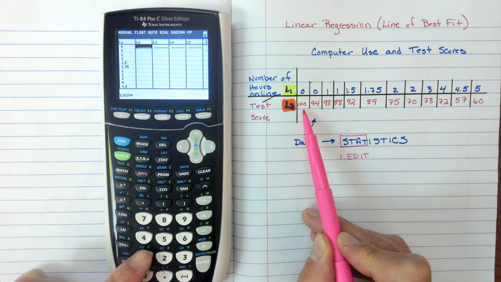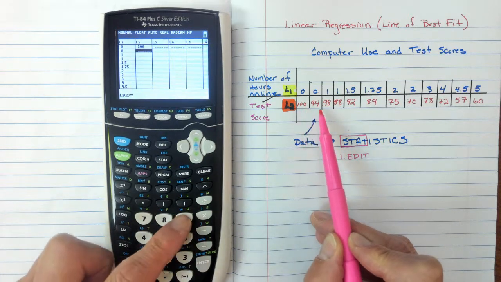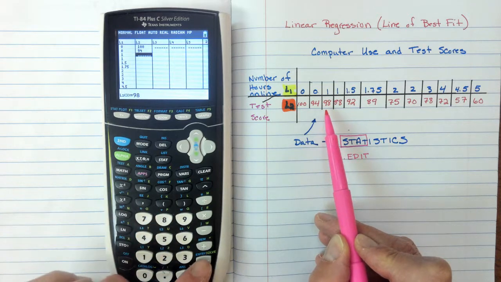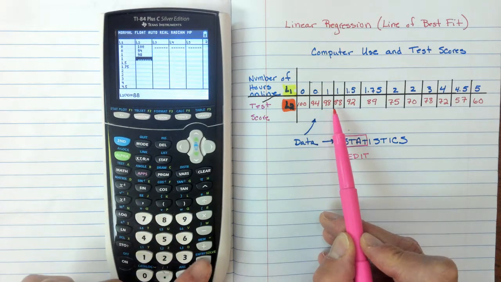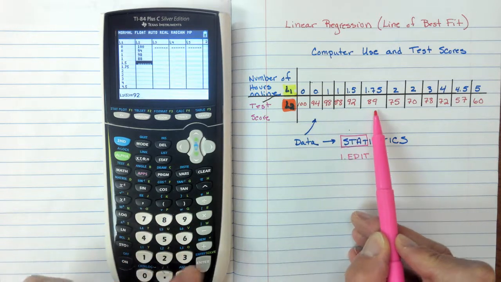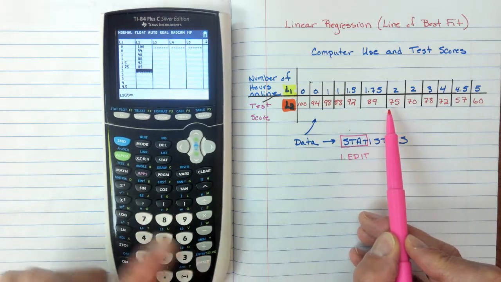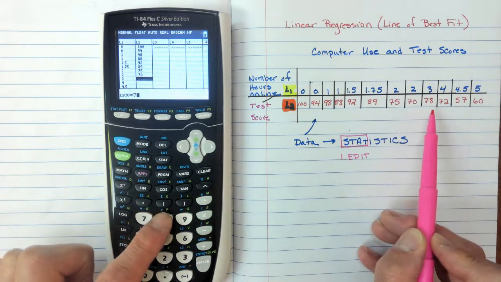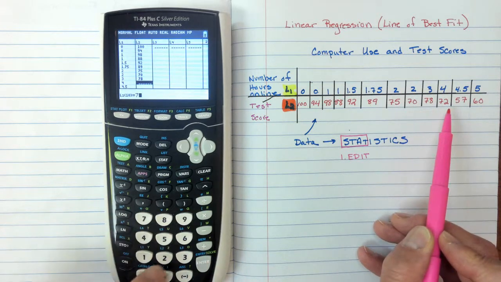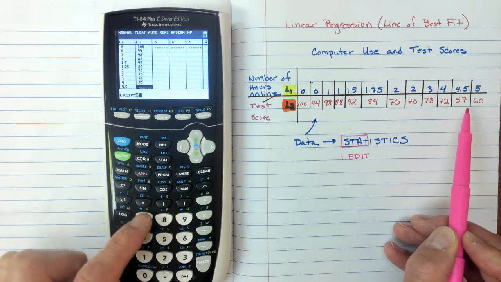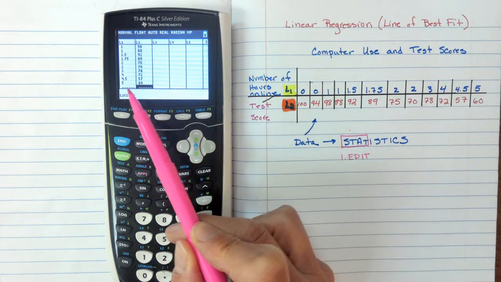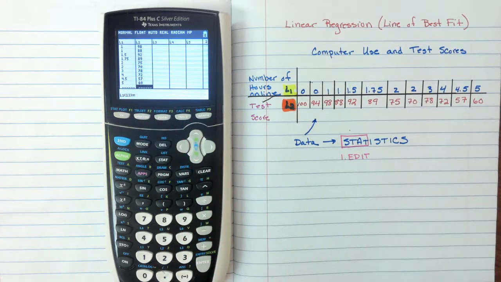So in list 2, I'm putting my output: 100, 94, 98, 88, 92, 89, 75, 70, 78, 72, 57, and then 60. Okay, so I want to make sure that those are accurate and they all line up. And so it looks like they did.